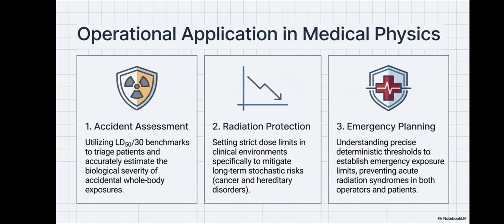Setting strict dose limits in clinical environments and specifically to mitigate long-term stochastic risks, cancer and hereditary defects. Emergency planning: understanding precise deterministic thresholds to estimate emergency exposure limits, preventing acute radiation syndrome in both operators and patients.